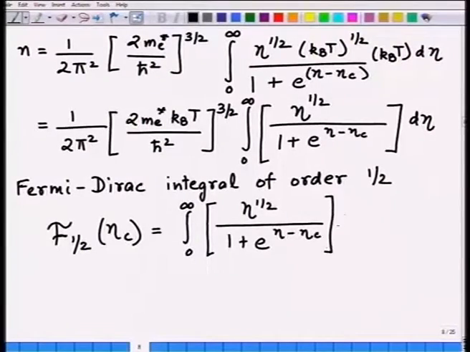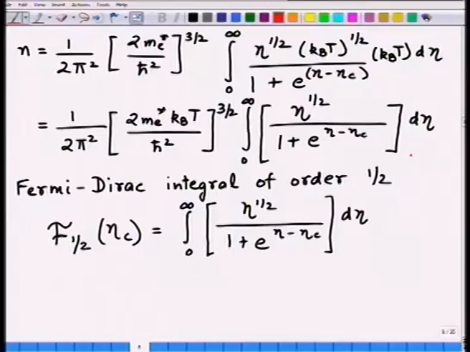So, this is a well known integral. This is a well known integral which is tabulated in many handbooks, or you can calculate it numerically. So, point is that this integration does not have an analytical solution. You cannot analytically write down this integral, but we do have this as a standard. It has a standard name called Fermi-Dirac integral of order half.